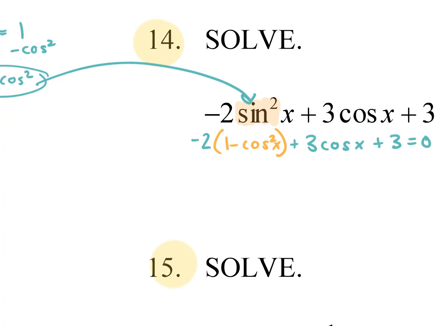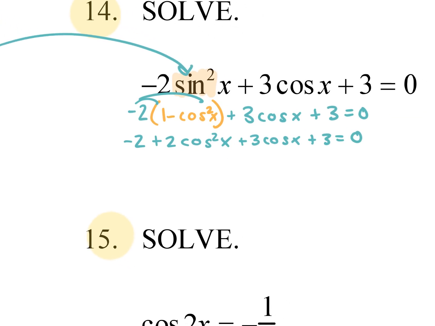What could we do next here? Distribute the negative 2. Perfect. So we have negative 2 plus 2 cosine squared plus 3 cosine plus 3 equals 0. What could we do next?